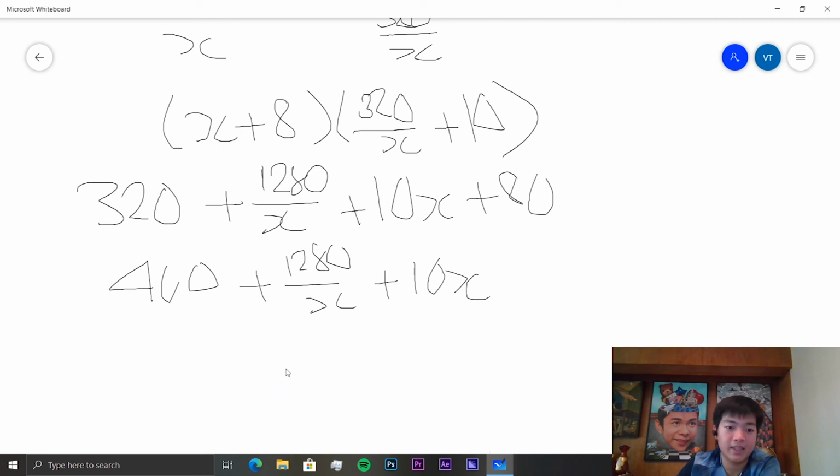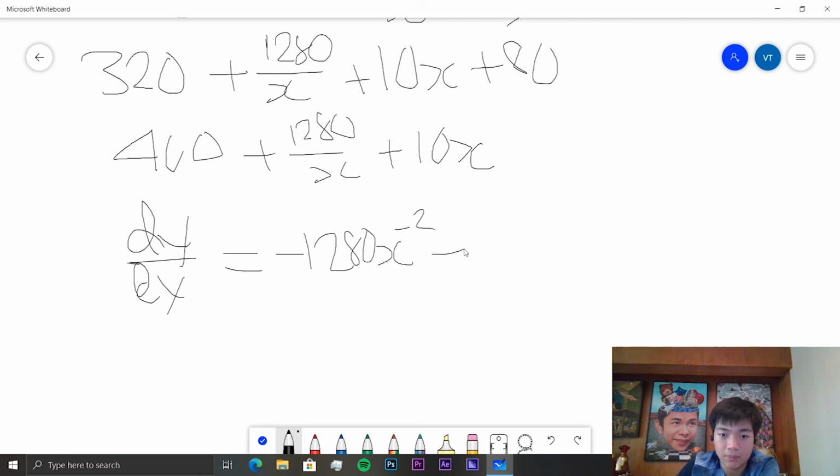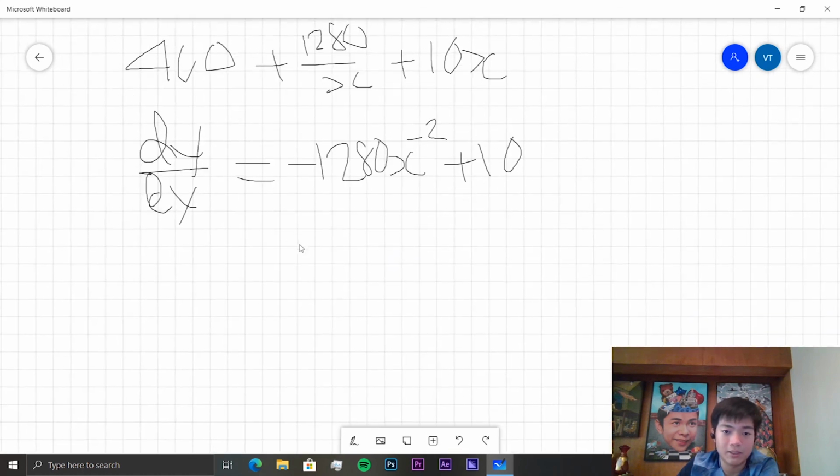So we need to get the derivative of this, and dy over dx is equal to negative 1,280x to the negative 2 plus 10, and so we need to find when this is equal to 0.